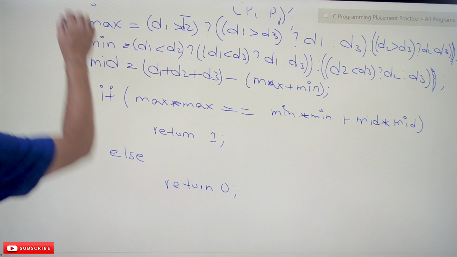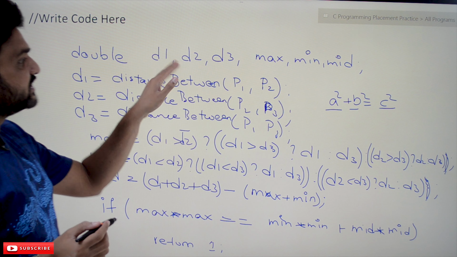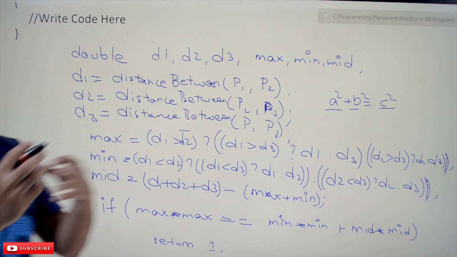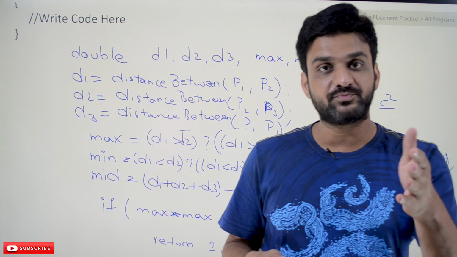So let's check from top to bottom. Given three points, we have to find the distances between them: point 1 and point 2, point 2 and point 3, point 3 and point 1. The default function for the distance has already been provided in the question, so we can use the function called distance between and assign the results to d1, d2 and d3.